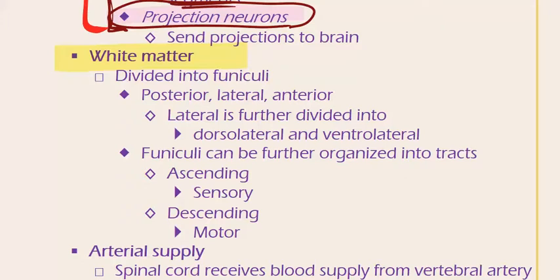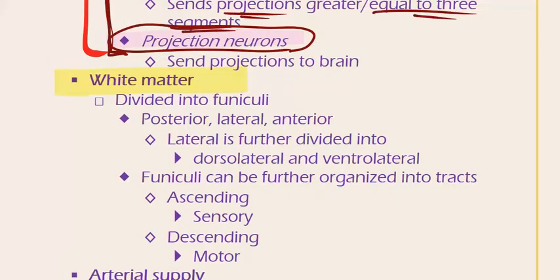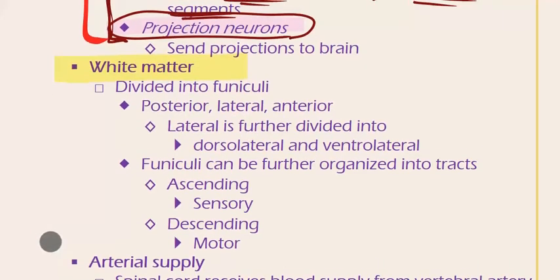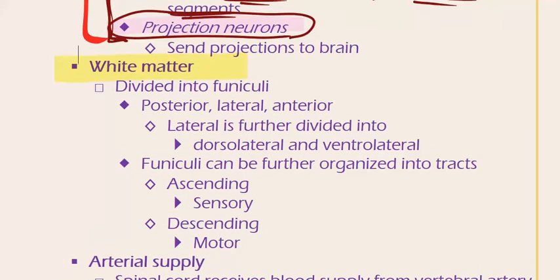Now, the white matter you can divide into funiculi. White matter is the area outside of the gray matter, so it's divided into posterior, lateral, and anterior funiculi.